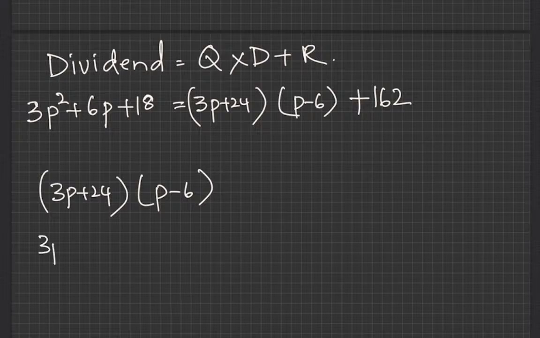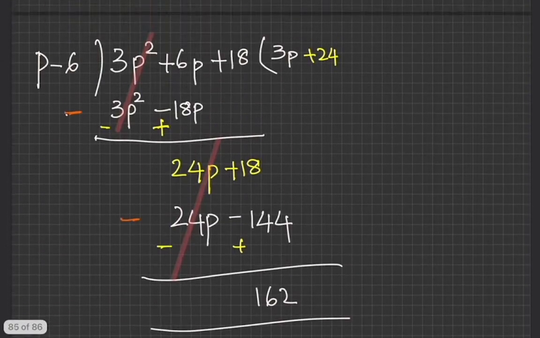So 3p times p, and then we have that same one, right?